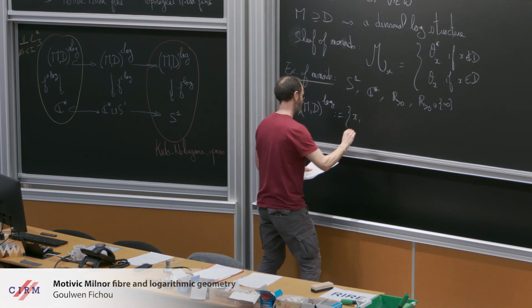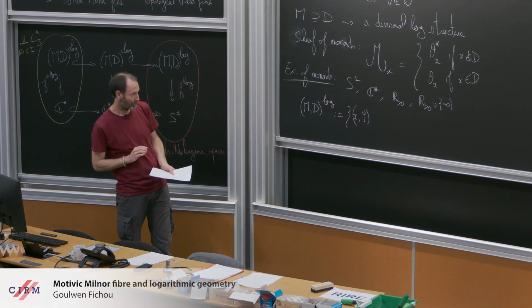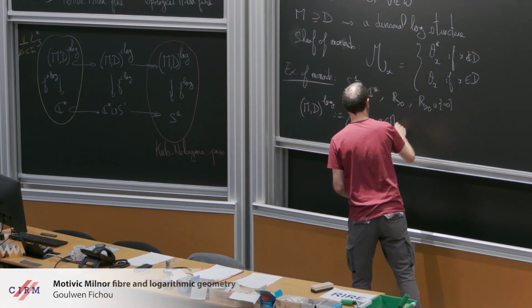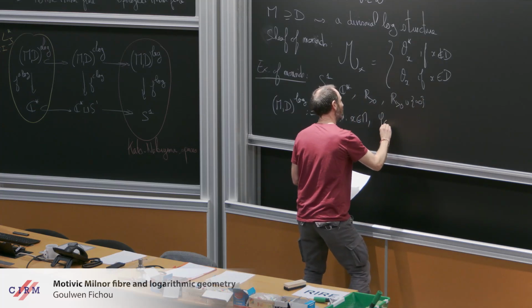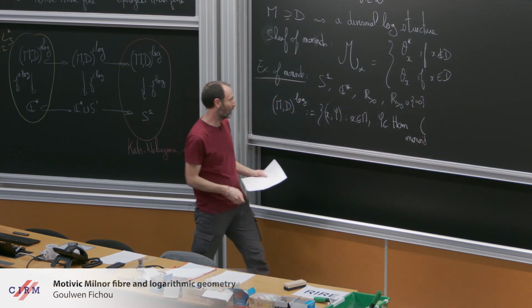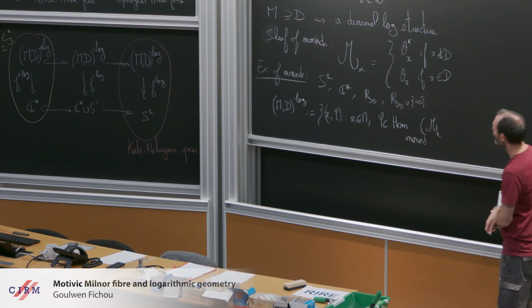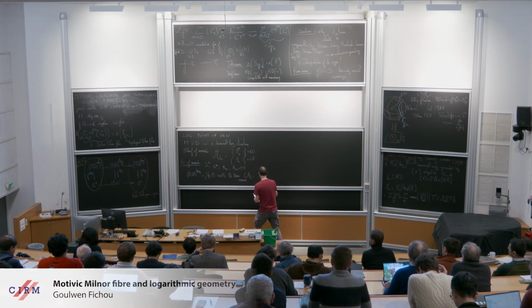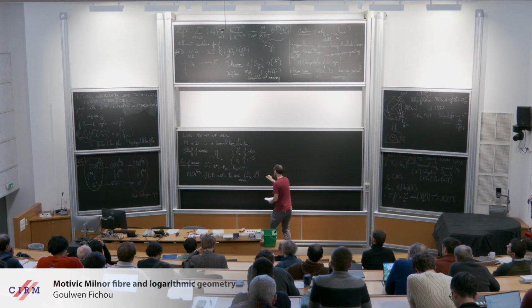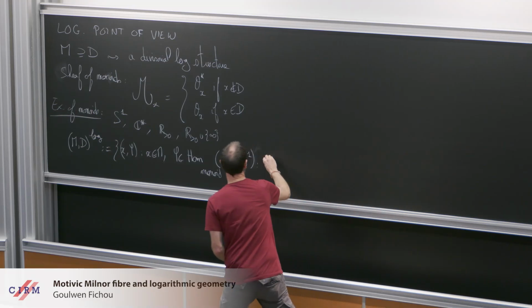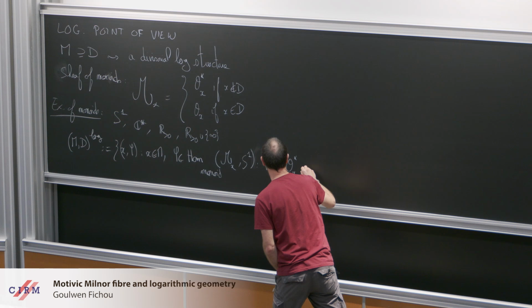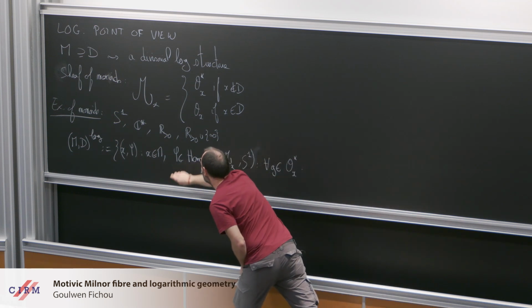I will take pairs (x, phi), with x in M, and phi will be a morphism of monoids between the stalk of the divisorial log structure and S1, and I add some condition, so that for any function in this stalk which is an invertible function, I impose the value of this morphism.